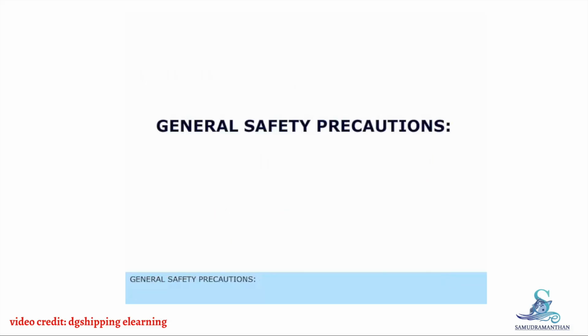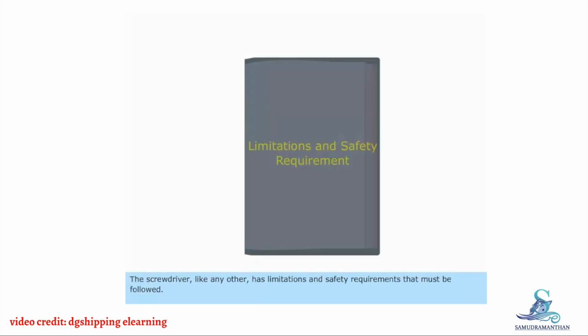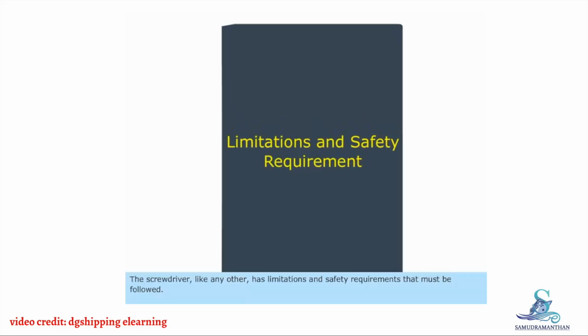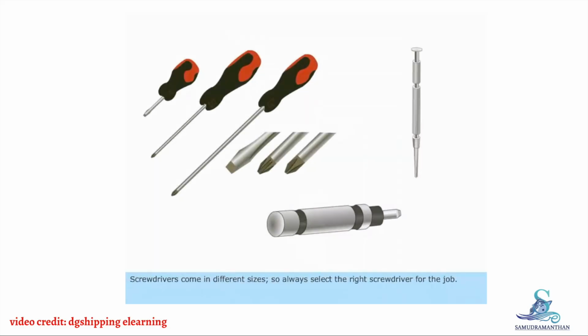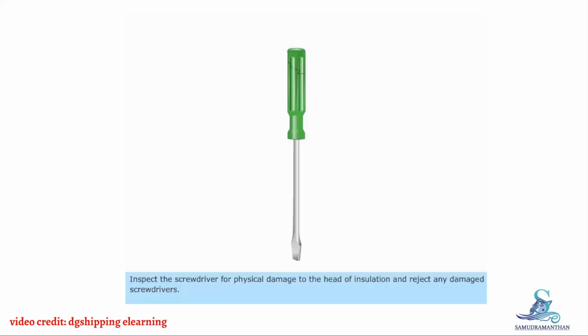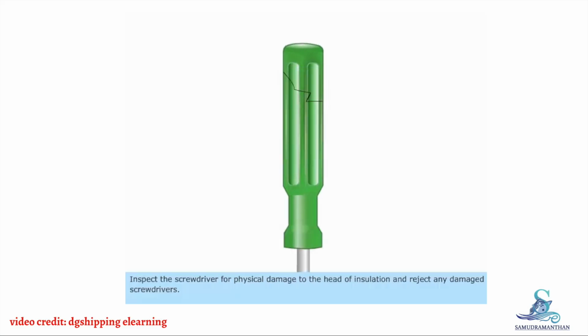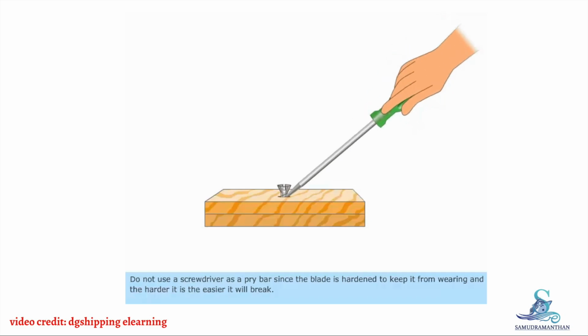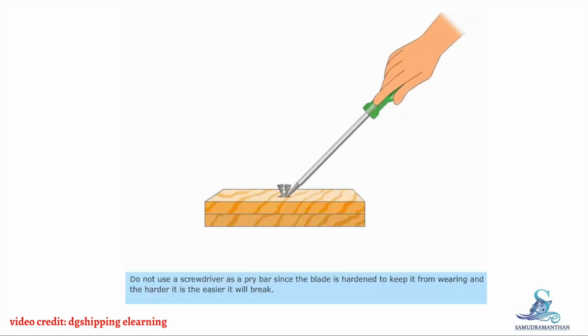General safety precautions. The screwdriver, like any other, has limitations and safety requirements that must be followed. Screwdrivers come in different sizes, so always select the right screwdriver for the job. Inspect the screwdriver for physical damage to the head or insulation and reject any damaged screwdrivers. Do not use a screwdriver as a pry bar, since the blade is hardened to keep it from wearing, and the harder it is, the easier it will break.